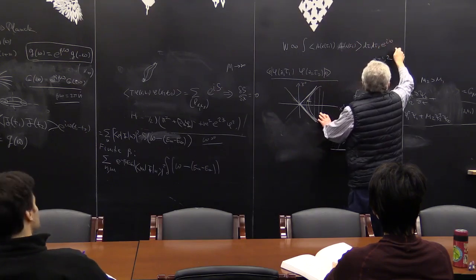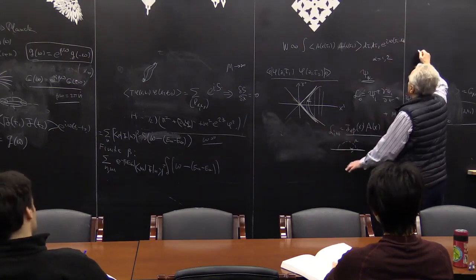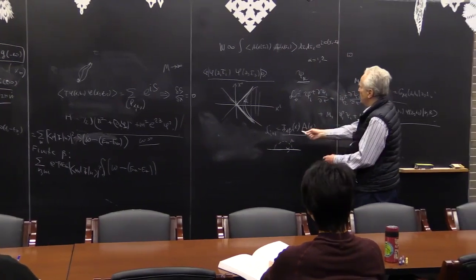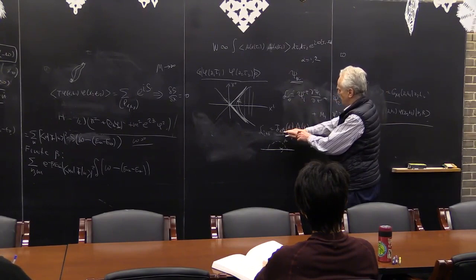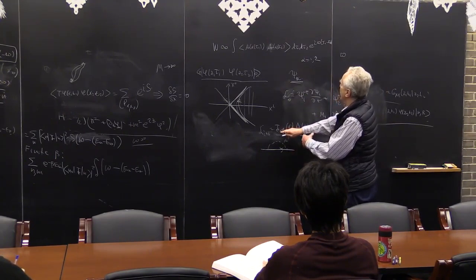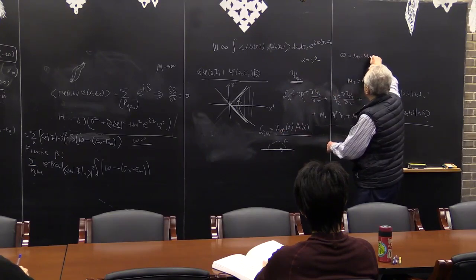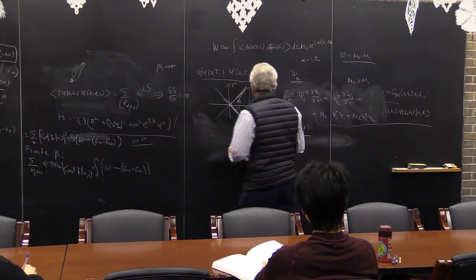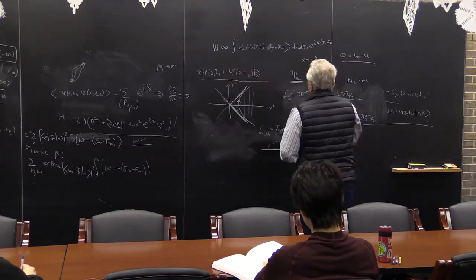to the i omega (tau 1 minus tau 2), where omega is 0 if we look at the diagonal elements, and omega is m2 minus m1 if we go to the off-diagonal case.